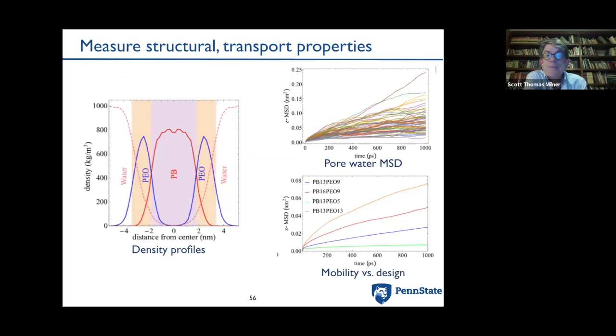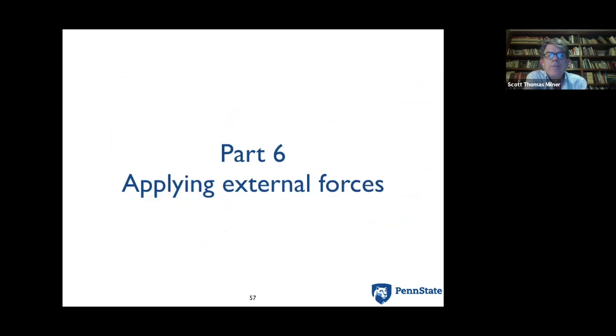Right. So the next topic I want to touch on, which we've really only seen one little example of, is simulations in which we don't simply watch things move around, but we actually apply certain kinds of external forces.